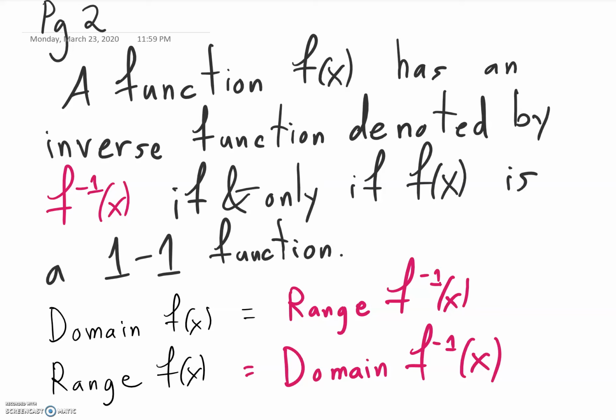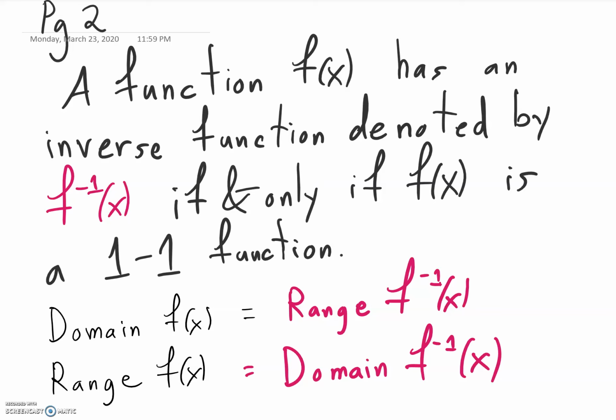We're going to get to that in a bit. So you have a map that goes backwards if and only if the original function is a one-to-one function. And because the map goes backwards, the domain and range of the original function end up becoming the range and the domain, respectively, of the inverse function, as I have written here.